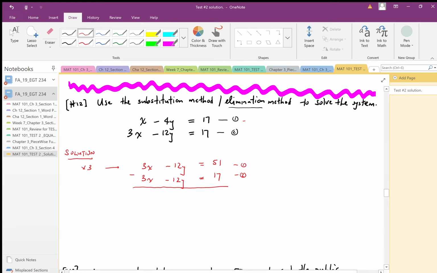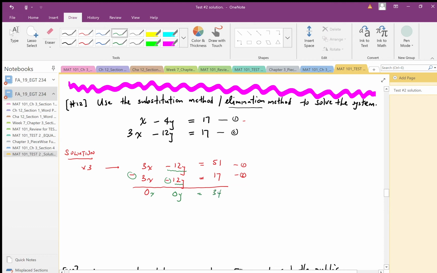When you subtract them, 3x minus 3x gives us 0, right? And then this minus sign, minus this sign, gives us a plus. So negative 12y plus this 12y will give us a 0. 0x here, 0y here equals, subtracting 17 from 51, we're left with 34.